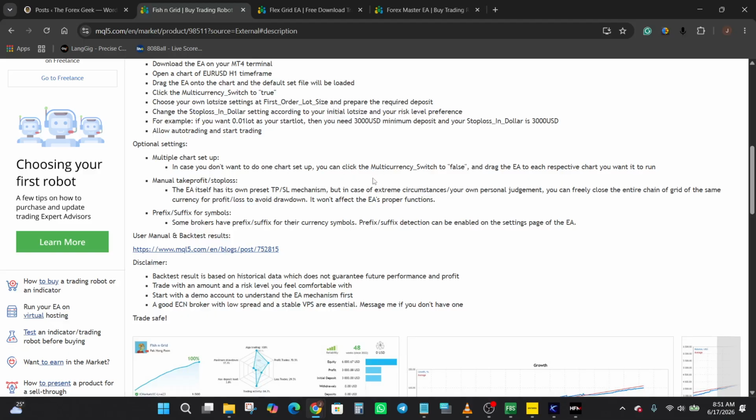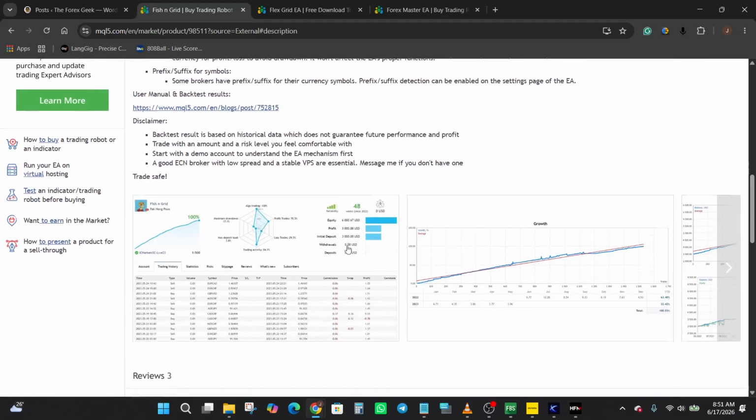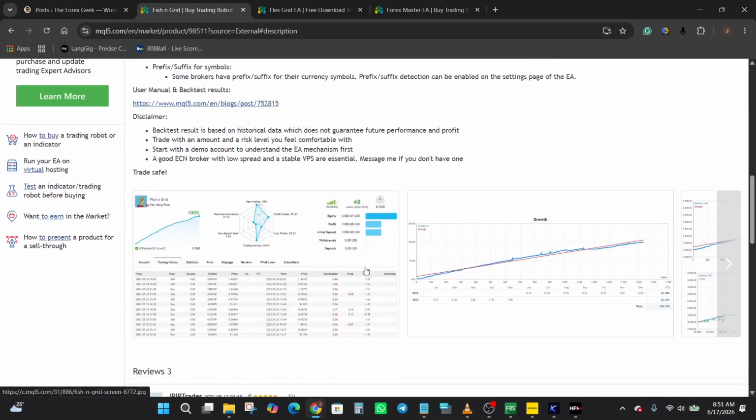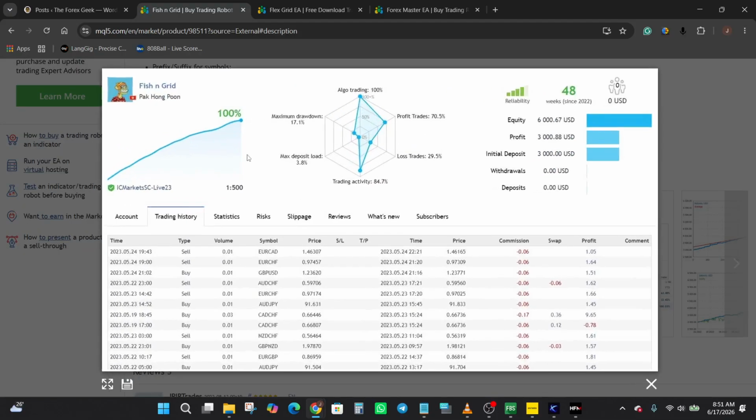As always, when reviewing historical backtest results, it is important to remember that these results reflect past performance, past market conditions, and should be viewed as historical analysis rather than expectations of future performance. Looking through the provided information here, I can see that the EA seems to have generated 100% profit over the past 48 weeks, actually, since 2022.